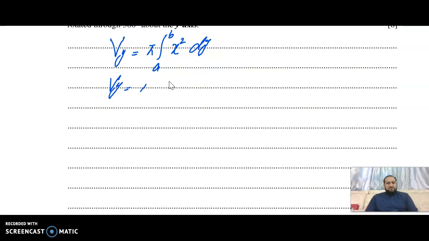So V_y is equal to pi, and the limits we know from -1 to 3. X we just found, which is minus 2 plus square root of y plus 1 whole square dy.